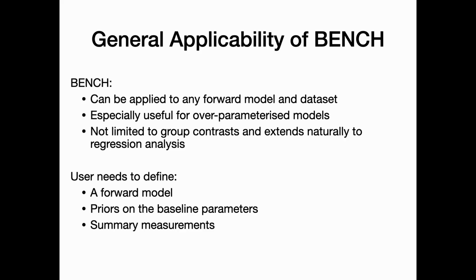It is not limited to the group contrast and can also extend to regression analysis where there are continuous explanatory variables. To run Bench, the users need to provide a forward model, a prior on the baseline parameters, and a way to define summary measurements that represent data in lower dimensional space.